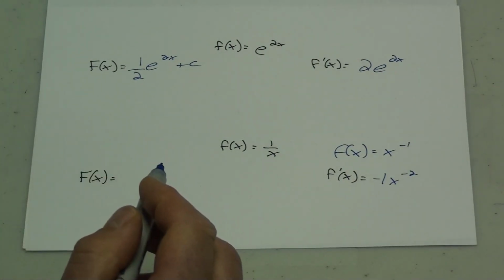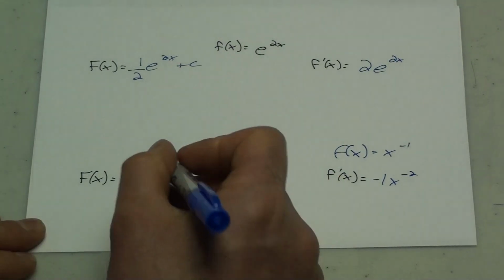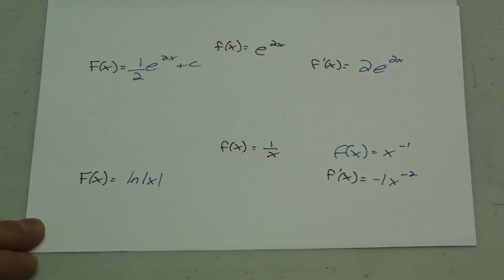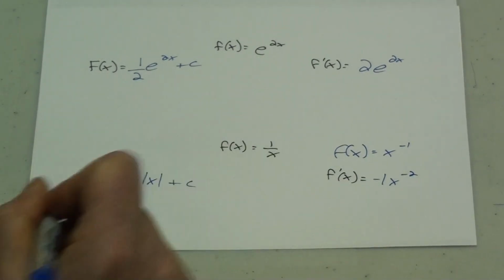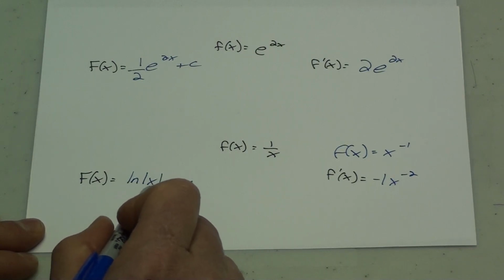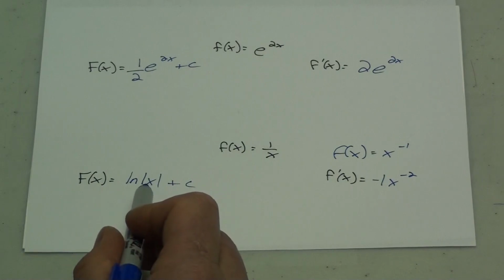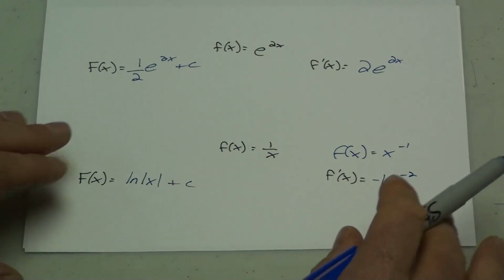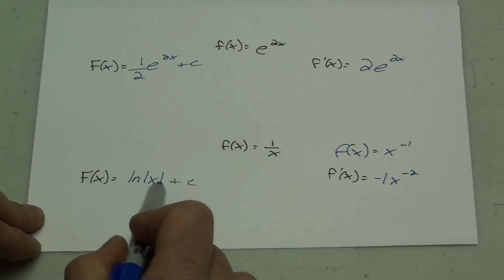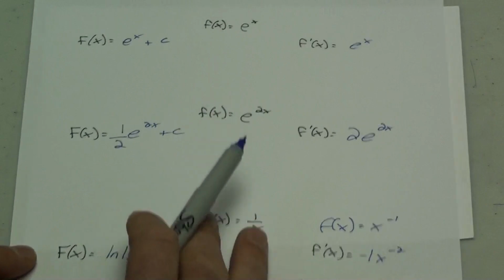Now when I go to integrate 1 over x, that would have come from the natural log of x plus c. I put the x of the natural log in absolute values because you can only take the logarithm of a positive number. So the antiderivative of 1 over x is the natural log absolute value of x.